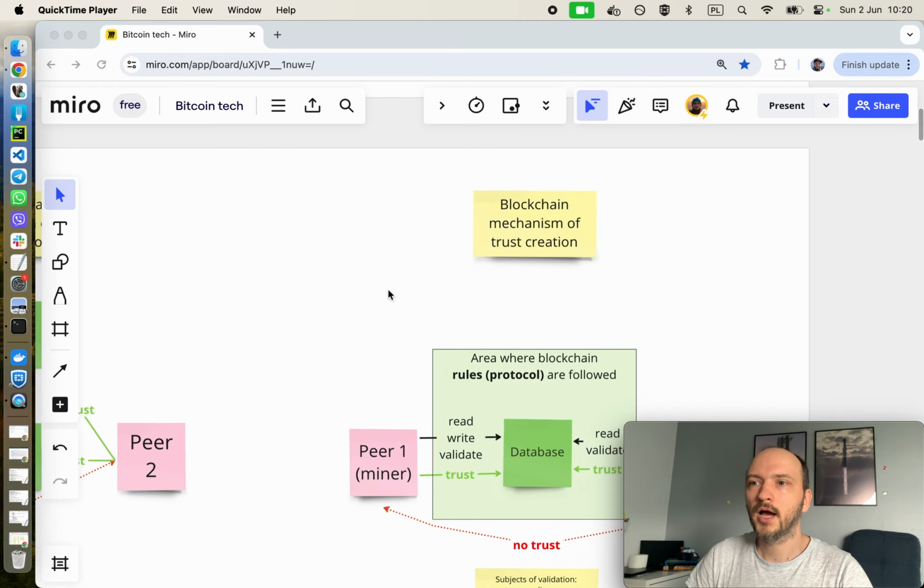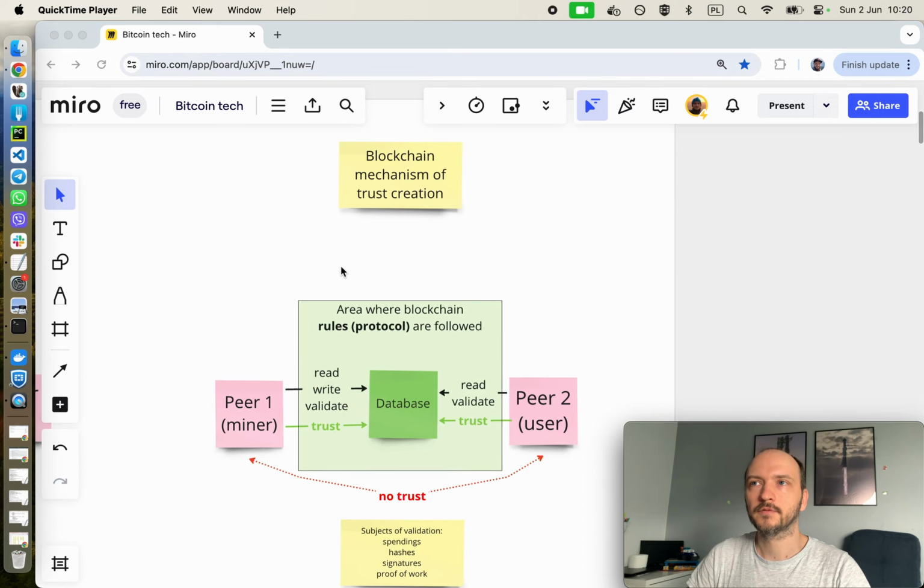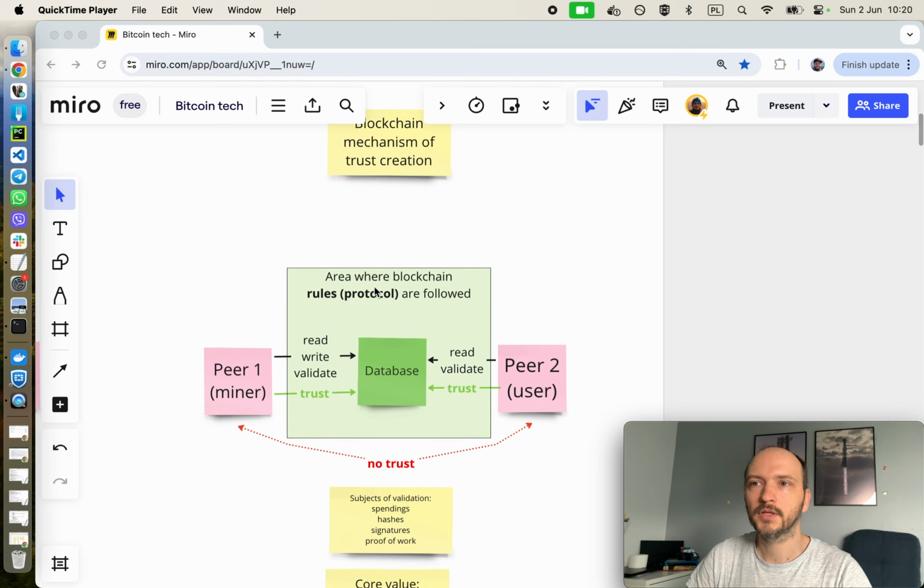Okay, and what does it look like in the case of Bitcoin? In this case, we don't have an authority. Instead, we have an area where the blockchain rules or protocol is followed, and peers still don't trust each other, but they follow the protocol and they write to the database.